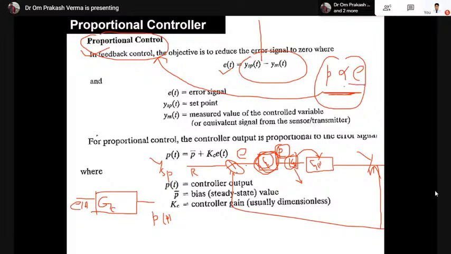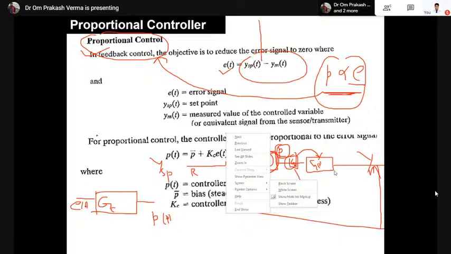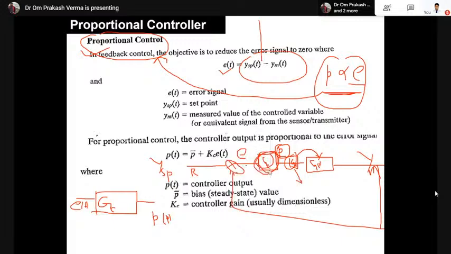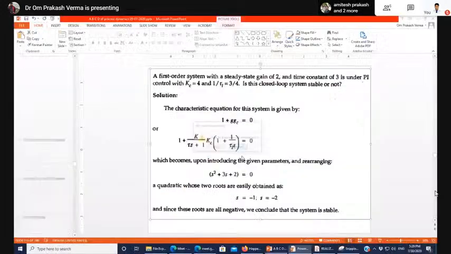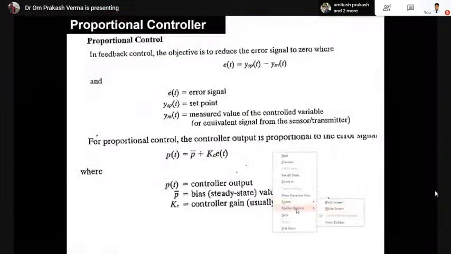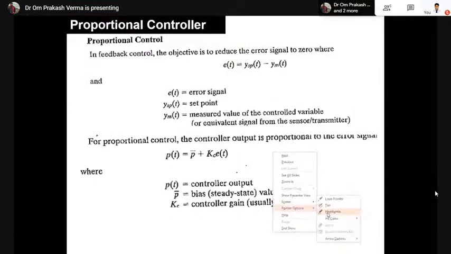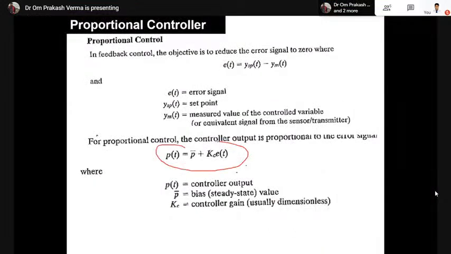But we have written here, discard this screen. See, I have said P(t) is directly proportional to e(t).